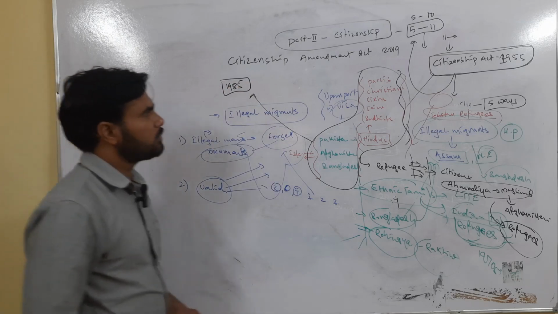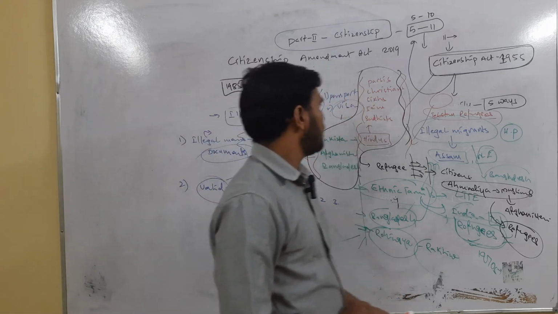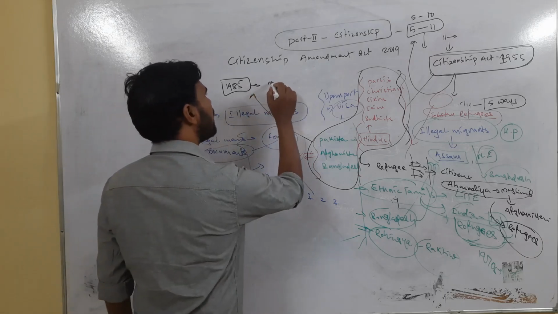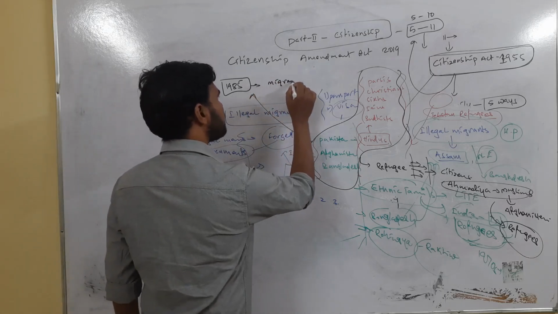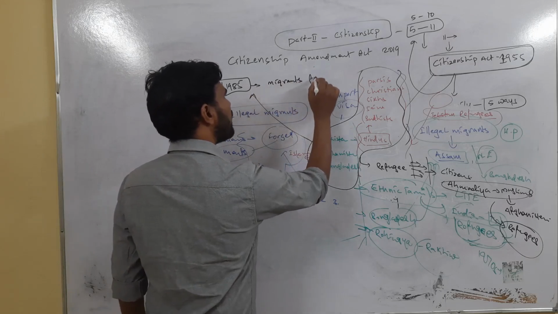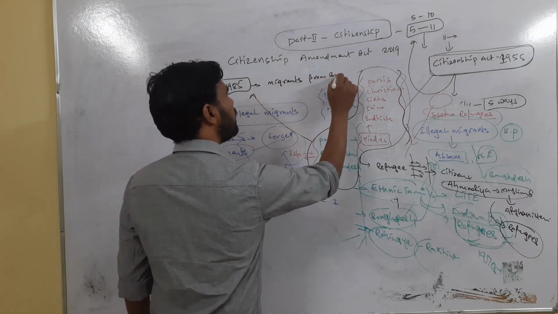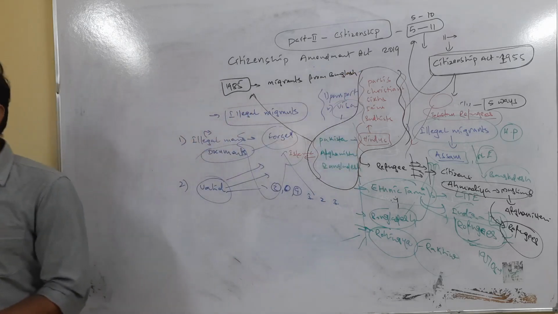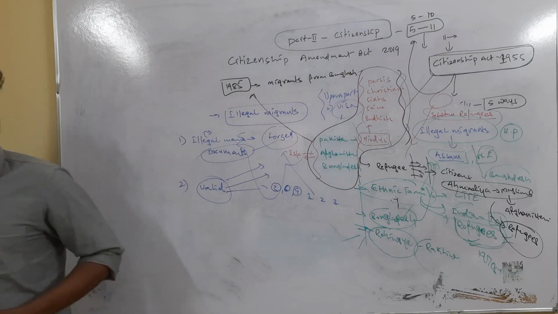This amendment was made with respect to illegal migrants from Bangladesh. We will see what this illegal migration is, and how and why the amendment was made.